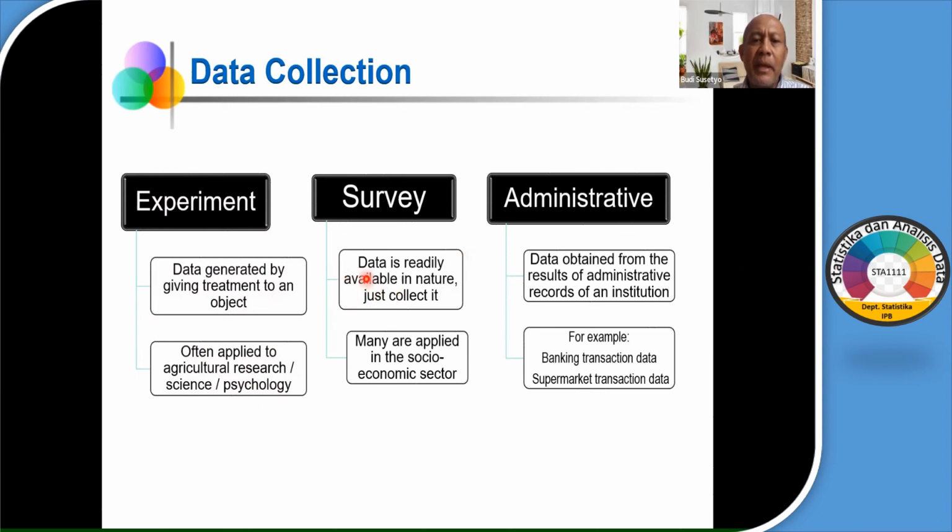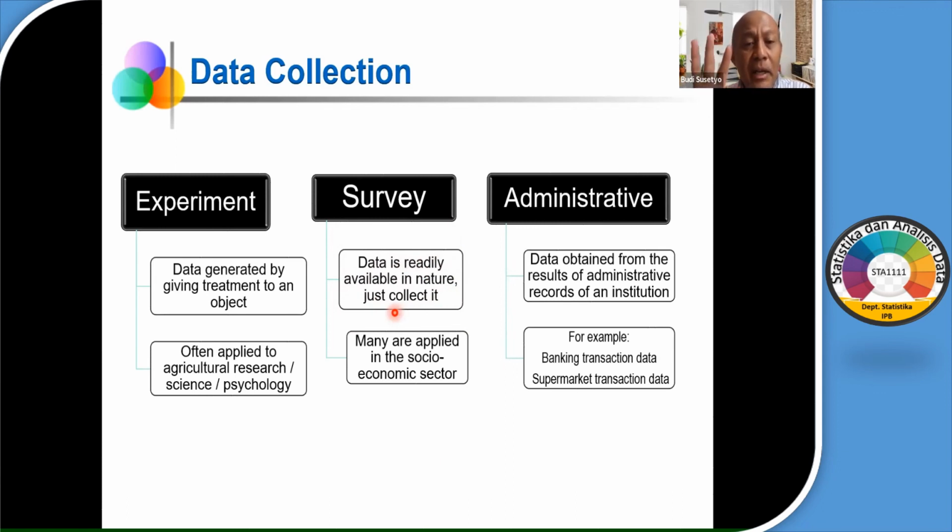Different from a survey. In a survey, the data is already available in nature, and you just collect it. For example, I want to know about your spending on food, clothes, or pulsa.